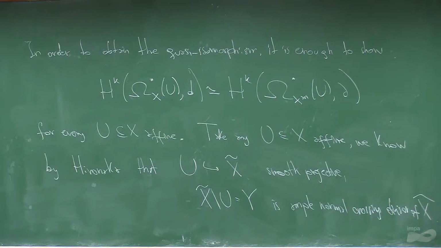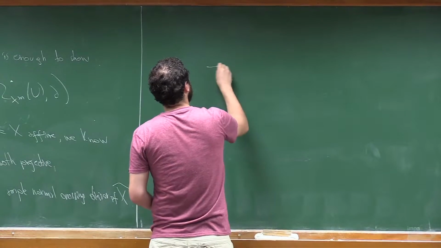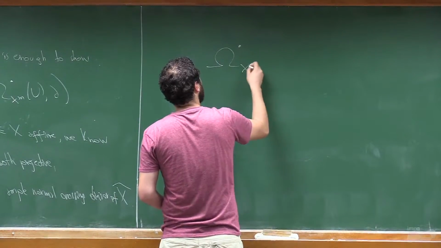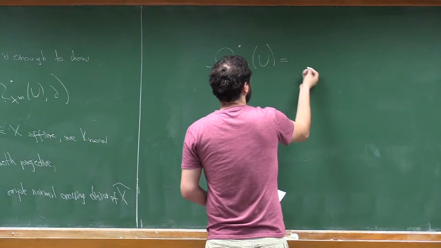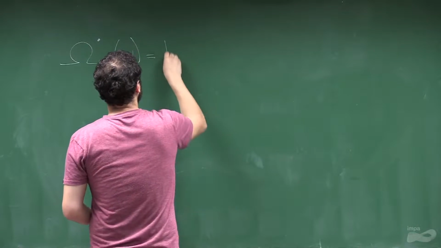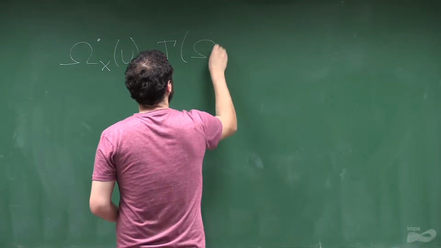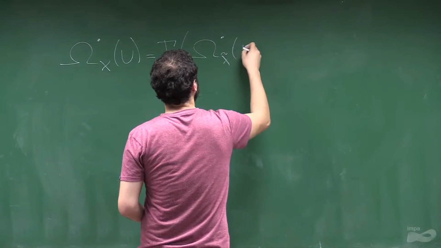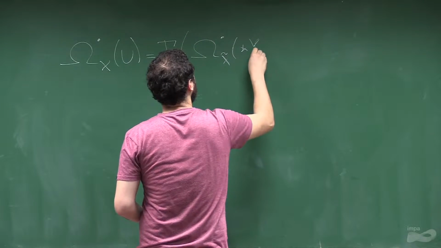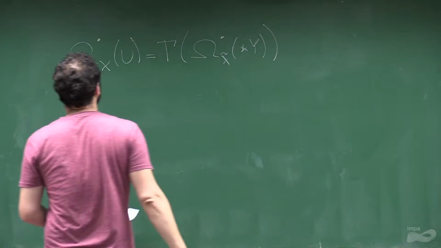And we can identify this, right? The algebraic forms over U are exactly the global sections of the algebraic forms over X tilde with arbitrary pole along Y, right?